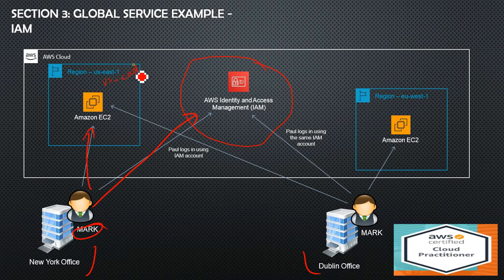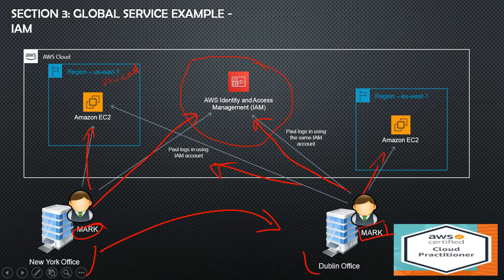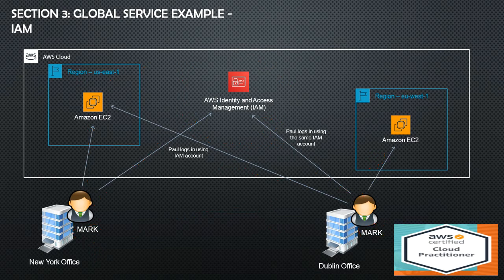Then he travels from New York to Dublin, and inside Dublin he again authenticates to IAM, which is a global service, and he has access to the Amazon EC2 instances in both regions. So you don't need to configure IAM in different regions. You configure it once globally, and then you will have access to all the other services, globally or even regionally. So let's move on to the next slide.